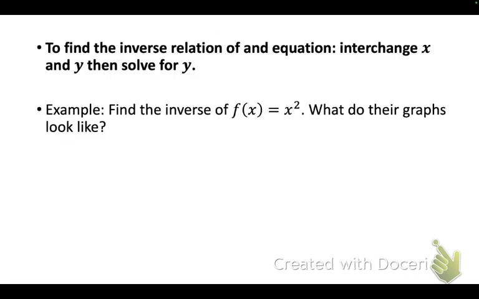To find an inverse relation of an equation, you interchange x and y and solve for y. This is important. To find an inverse relation of an equation, interchange the x and y, then solve for y.